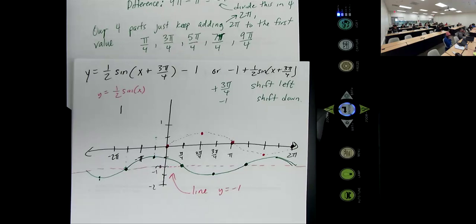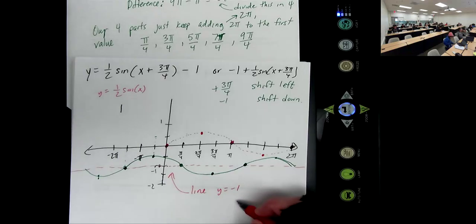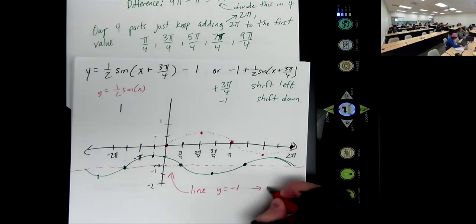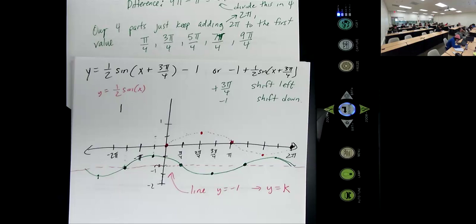That's always a helpful check, because this -1 is k. Does that make sense?